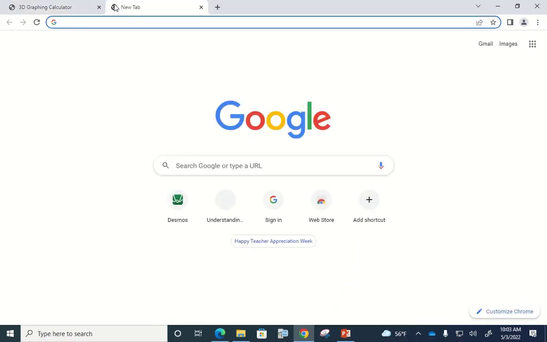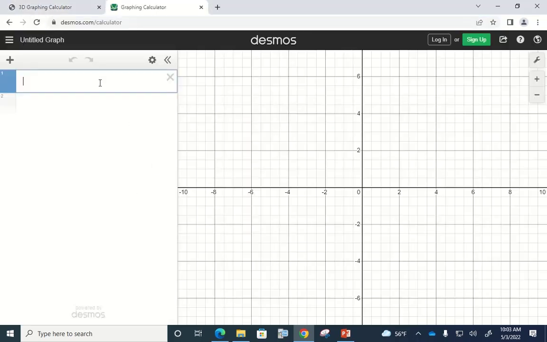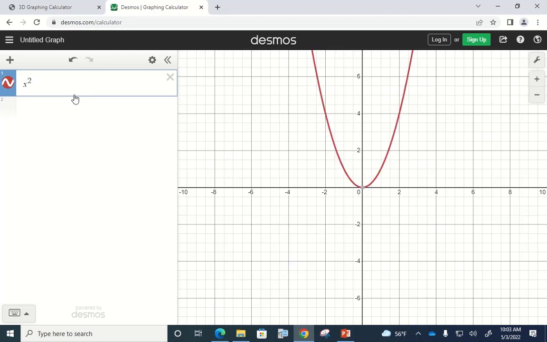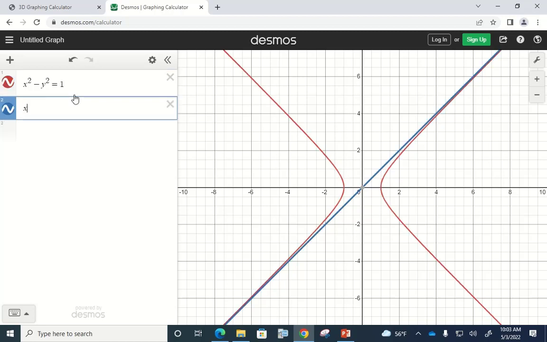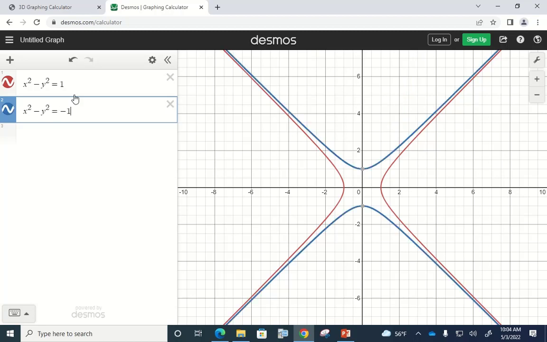But if we plot some contour lines for this, so if I make contours like x squared minus y squared equals 1, x squared minus y squared equals -1.